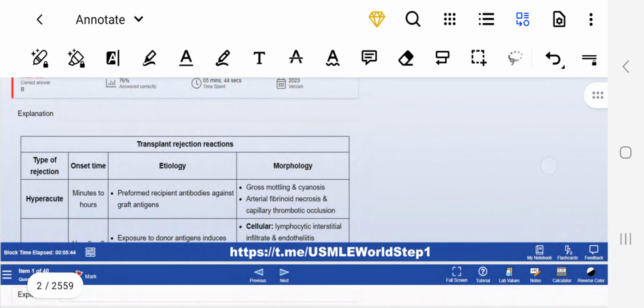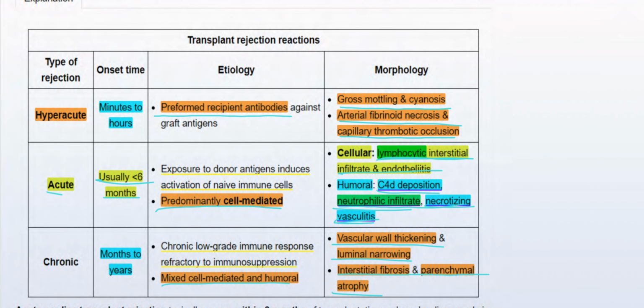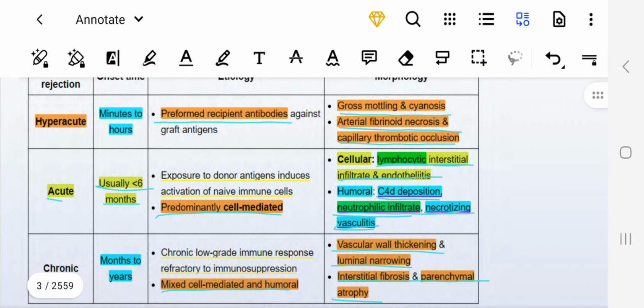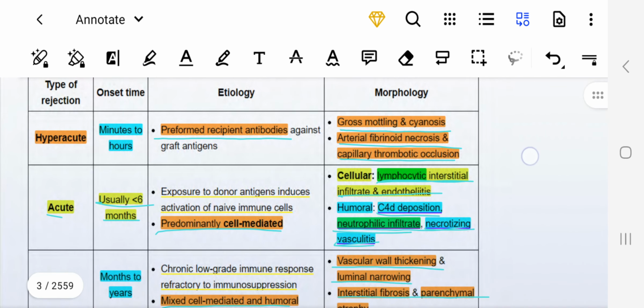So this table is important because this question has also been asked in the immunity section, right? You should note these three types of rejection, right?